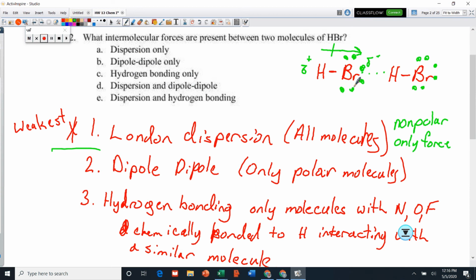So this end of the bromine will be attracted to this end of the other hydrogen bromide molecule. You always have a positive side and a negative side, and they line up as such.